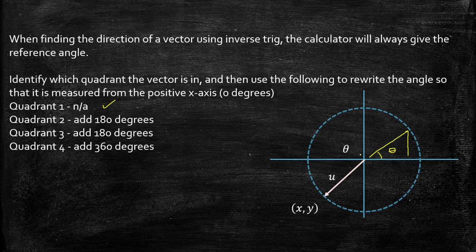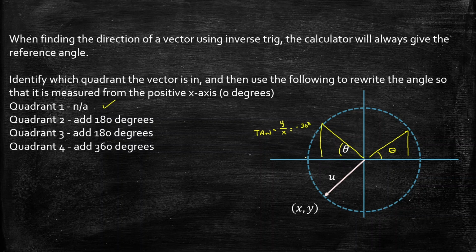When I put in an angle for theta in quadrant 2, I'm going to find it as tangent of y over x. But in this case, my x value is negative. So when I put in a negative y over x, I'm going to get a negative angle theta. Let's say that this theta came to 30 degrees, then this would equal negative 30 degrees.